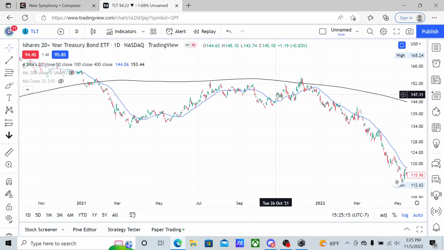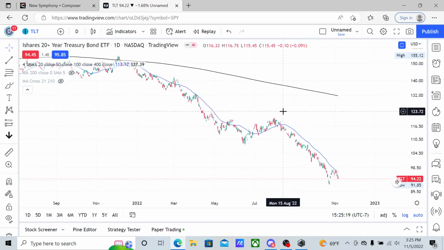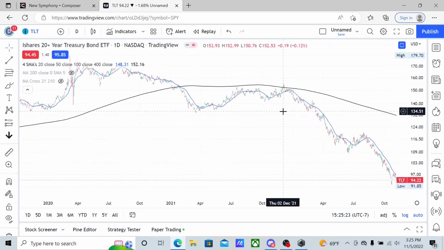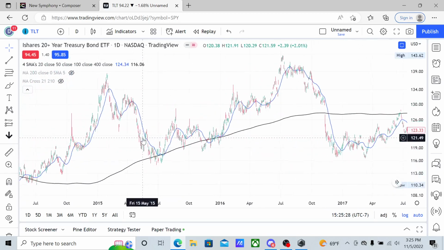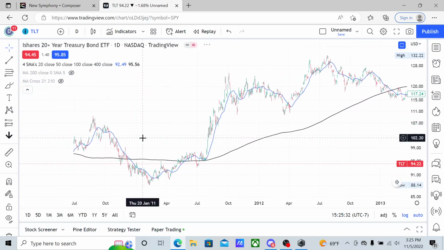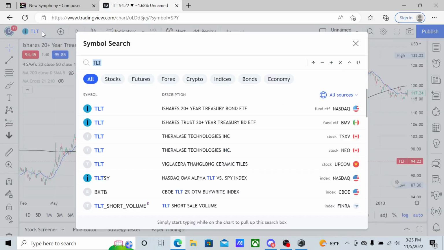Pretty much retested it there again, and then continued its leg down. So things like this, figuring out which assets respect which moving averages, is how you can build a longer term strategy. So you could do the same thing with, let's see, what was I looking at?